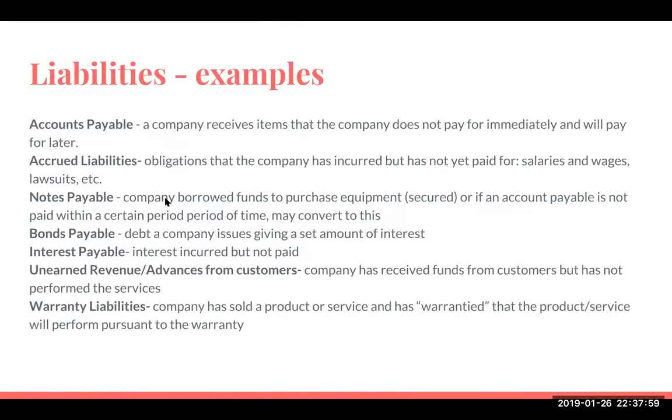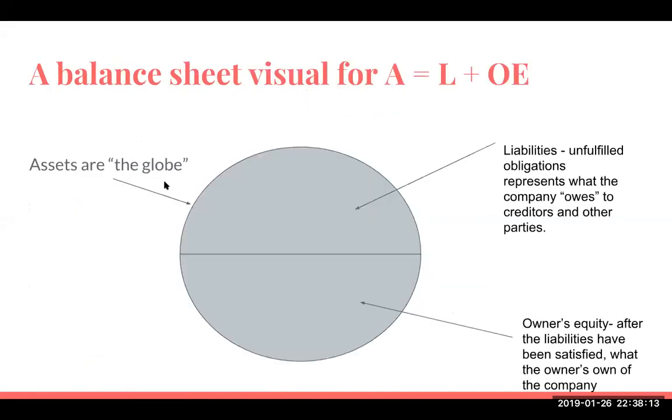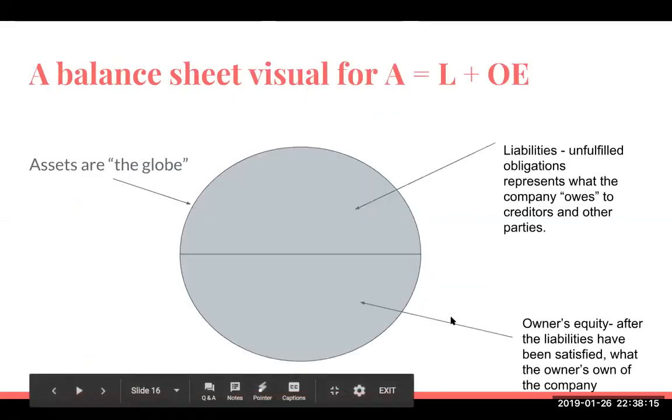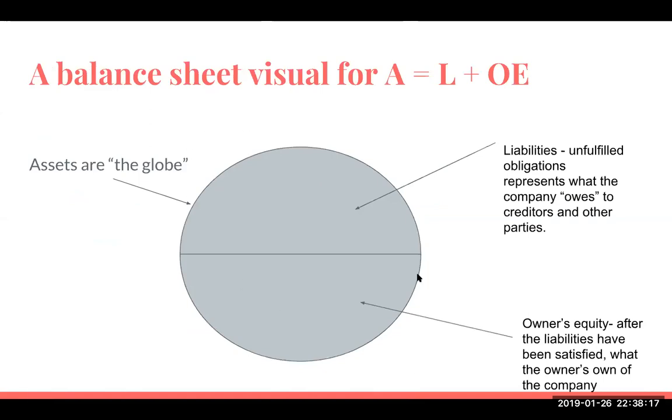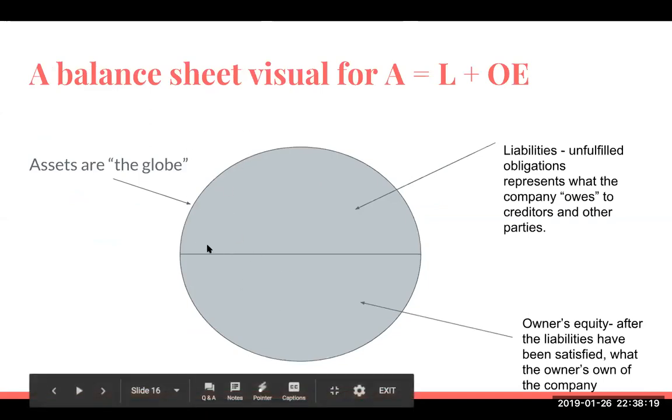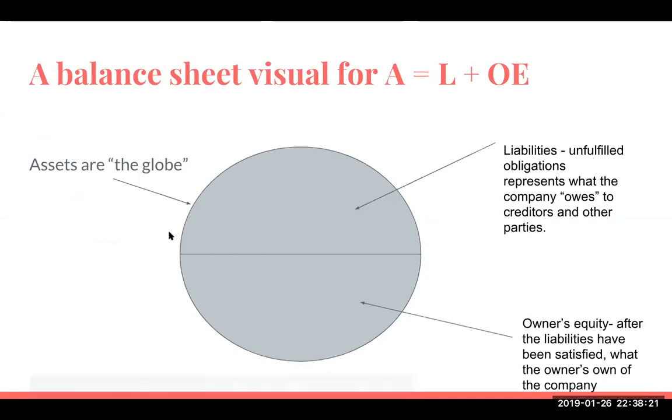Let's take a look, and remember our equation: assets, or those items that give future economic benefit, equal liabilities plus owner's equity. So these assets here are the globe, meaning what do we have that is giving us future economic benefit.